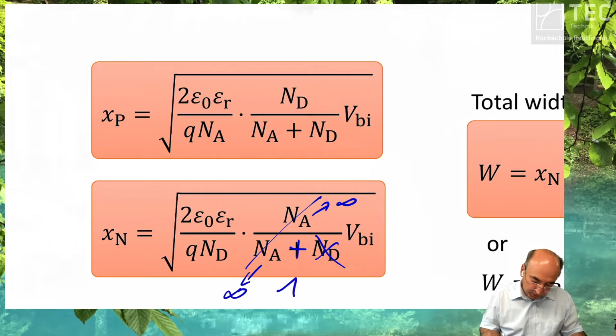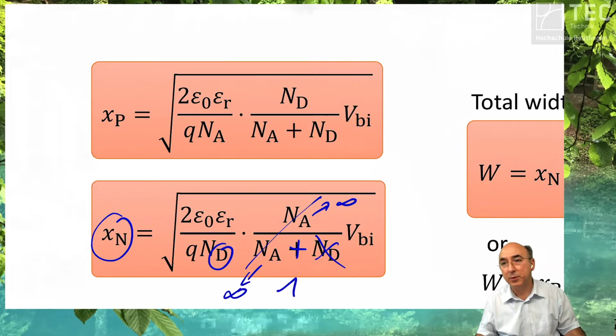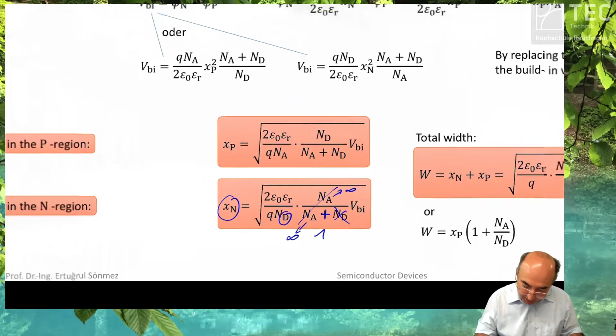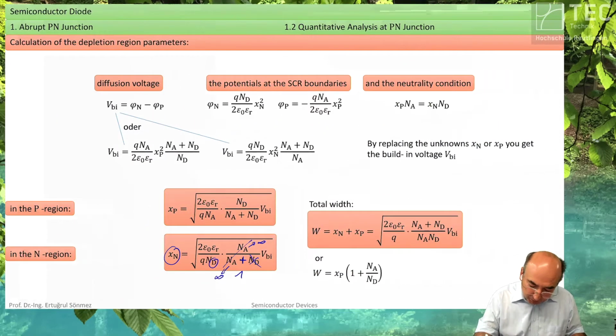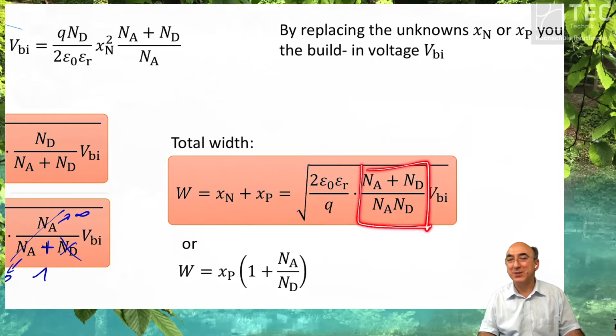Here we get 1, and then the penetration into the N zone is just dependent on the doping level of the donors. Yeah. Overall, we should take a look here. It's like a parallel connection of two resistors, if you take a look at this equation.